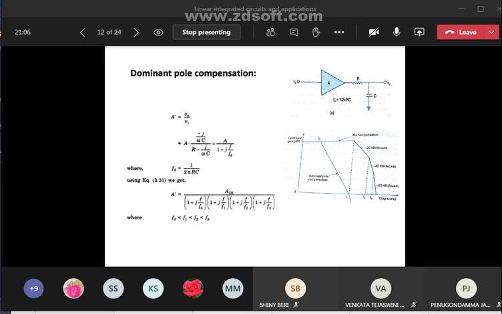So that's why, what is compensation? The method of modifying the loop gain frequency response of the op amp, from 3 break frequencies to 1 break frequency.